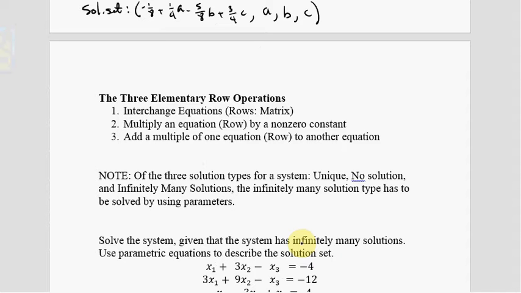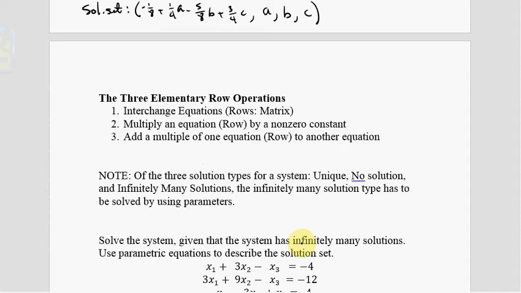I get something where the graphs cross at a point or they cross at a plane, if we're talking about vectors. So for the unique, the no solution, or the infinitely many solutions, if it's infinitely many, you have to solve for that solution set. Kind of the idea of what I just got through doing with those previous two examples.